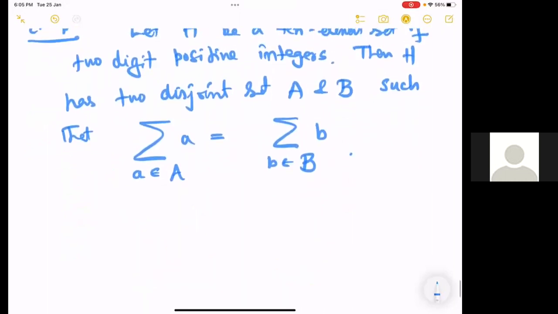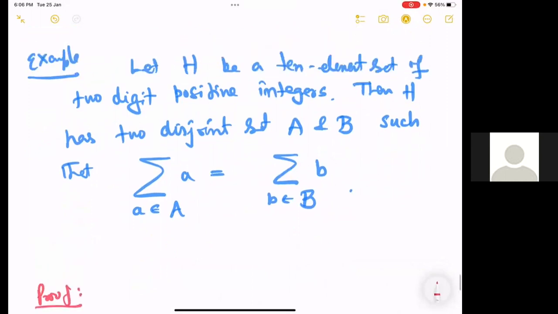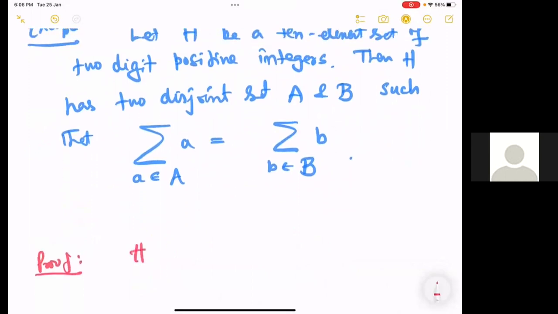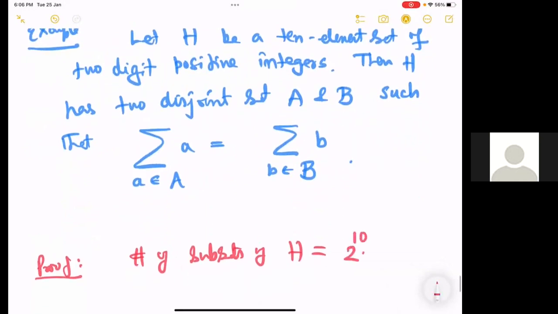Okay. So proof. The number of subsets of H is 2 power 10 minus 1, which is 1023.